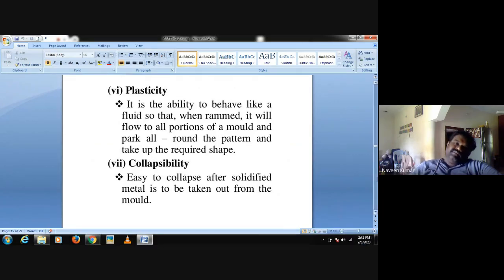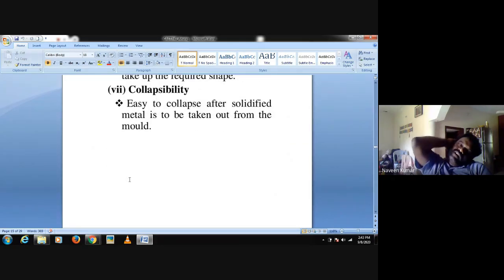It is the ability of the molding sand to reach each and every corner of the mold flask and take the required shape on ramming.